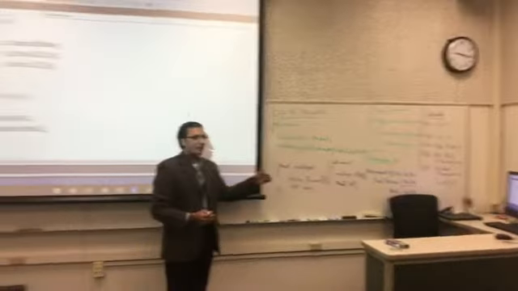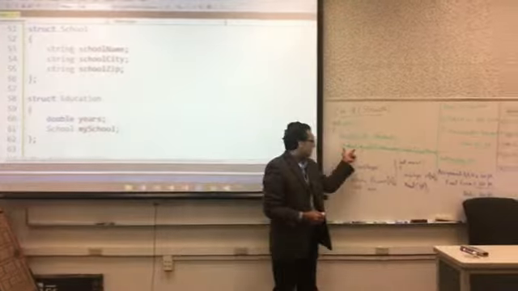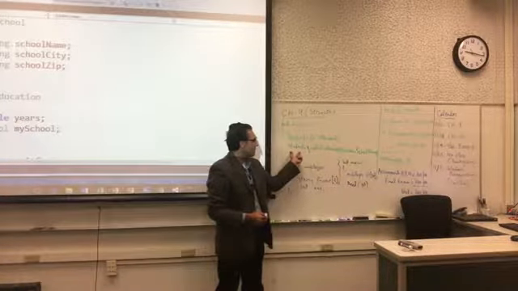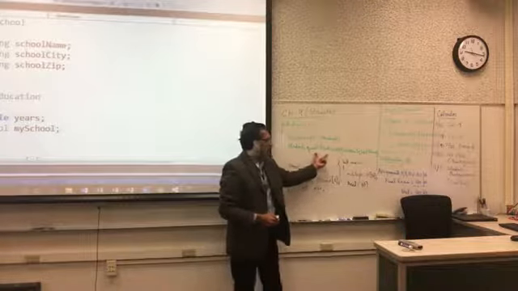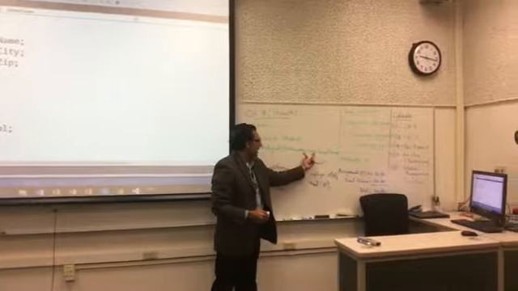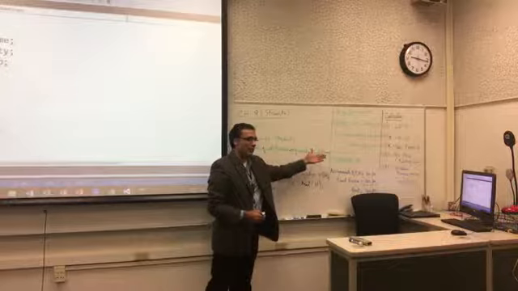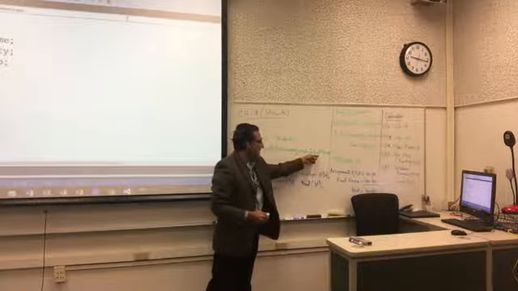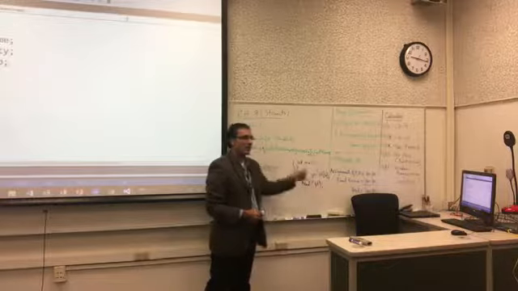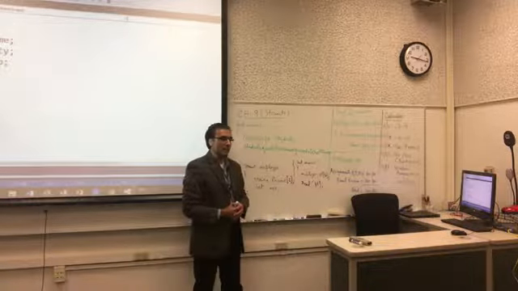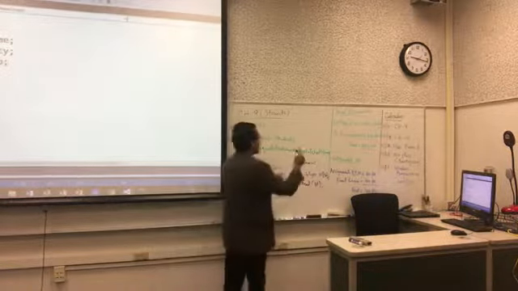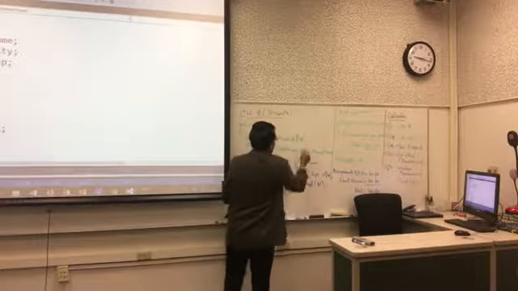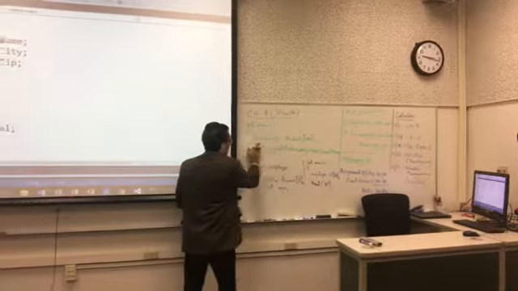So this is how you can create a data structure of a member of that type, in this case person info, access qualification, which is part of education, access my school, which is part of your school info data structure, then access a specific member of that data structure type. Now if you create this as an array, let's say you want to create 100 of these students, then this becomes more interesting.